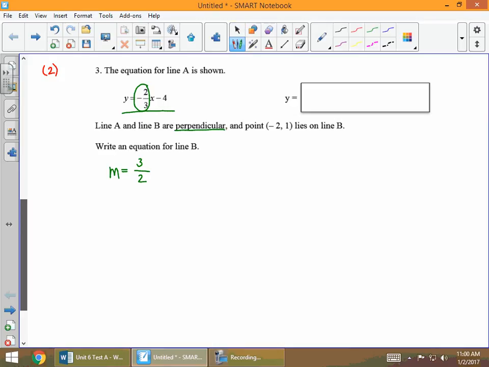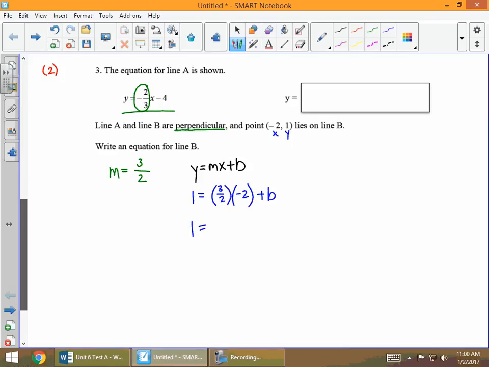All right, now I have to find b, so I'm going to use y equals mx plus b. Here's my x value, here's my y value. So my y value is 1 equals my m, 3 over 2. The x value is negative 2 plus b.